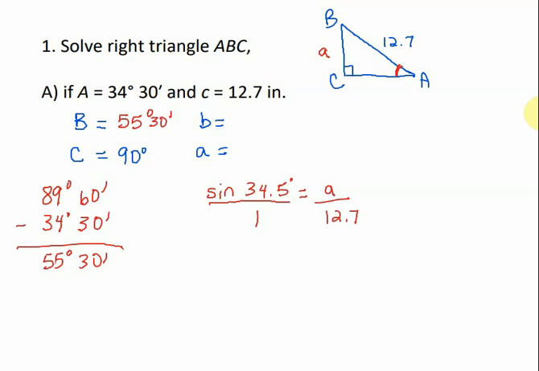Okay, and then we're going to cross multiply this. So this is what we would put in our calculator: 12.7 times the sine of 34.5 degrees. And that's going to give us the length of side a.